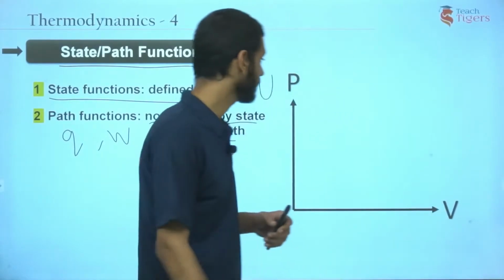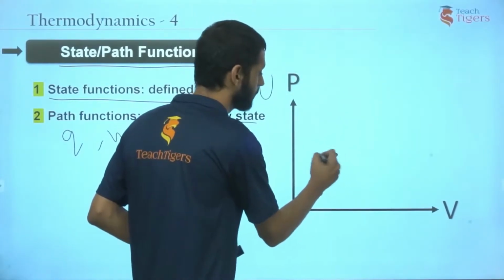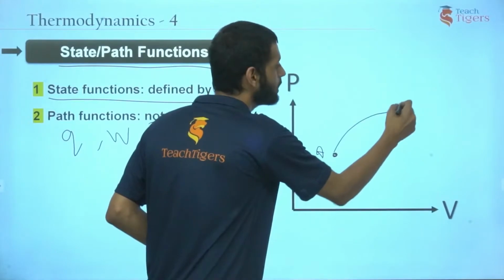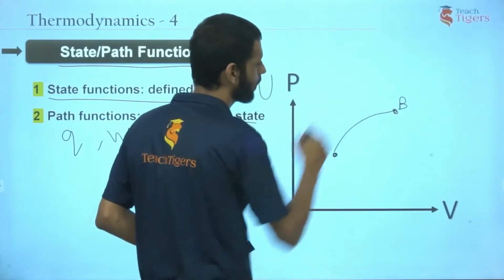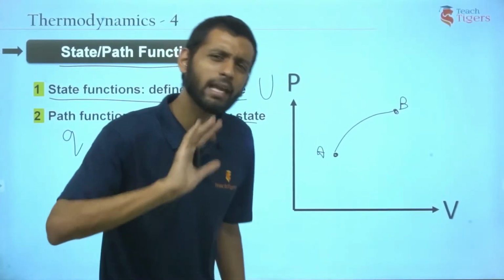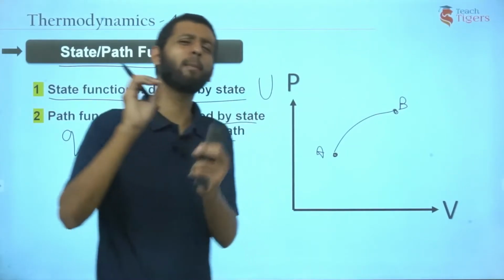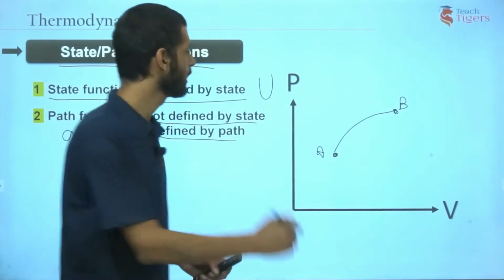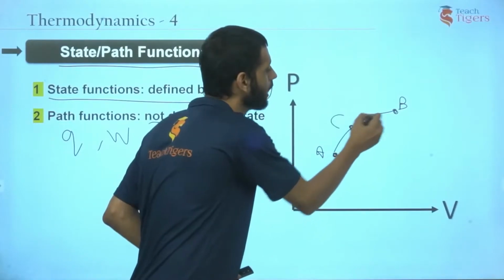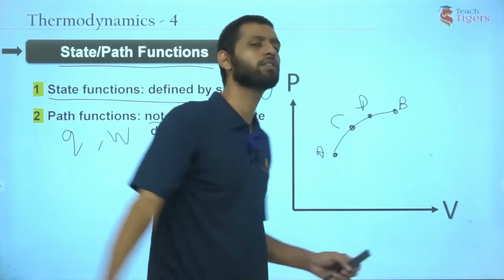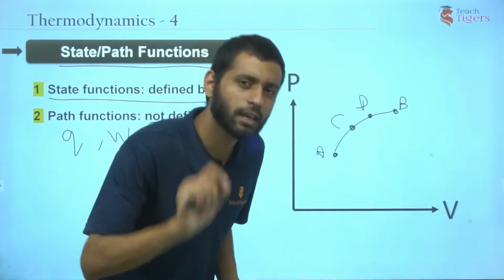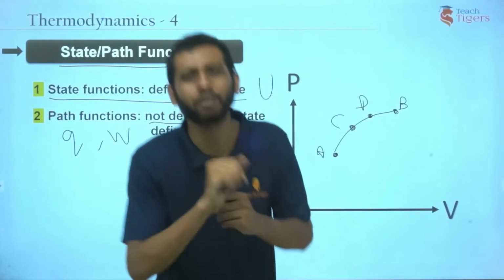So if I would like to draw the graph, going from point A to point B, at any point during the path from A to B, I can choose another point C, I can choose another point D. At each of these points, I can define my state functions, I can define my state variables.